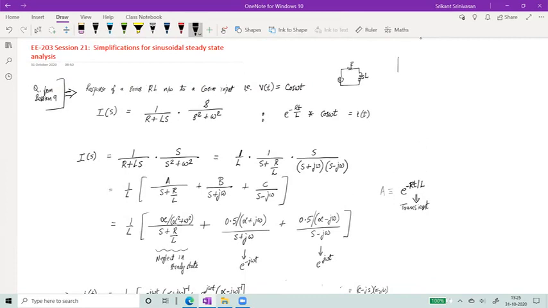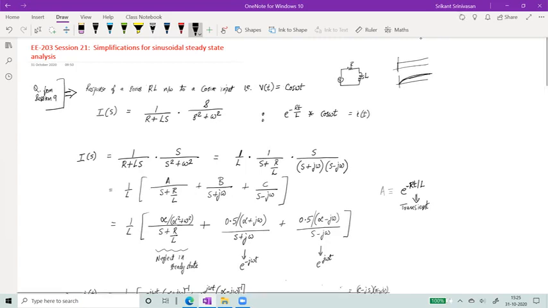So if my input were a step, that at 0 it becomes 1, then what happens to my output? If the voltage is a step, then you'll notice that when you apply a voltage, initially the inductor is like an open circuit, and the entire voltage drop is across the inductor, and gradually the current increases, and finally the inductor becomes a short circuit, and the entire voltage is across the resistor, and the current is equal to V by R. So the current goes up and becomes some constant value.